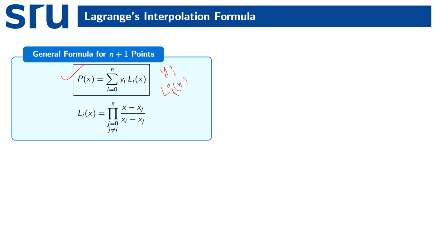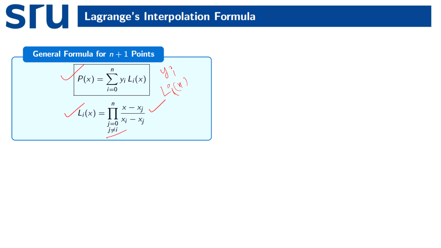It is defined as the product from j equal to 0 to n of (x minus x_j) divided by (x_i minus x_j), where j is not equal to i.